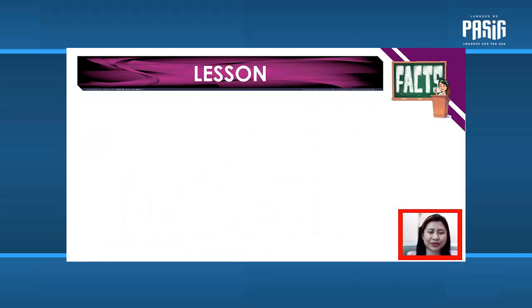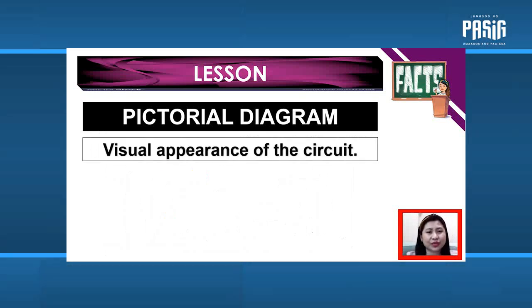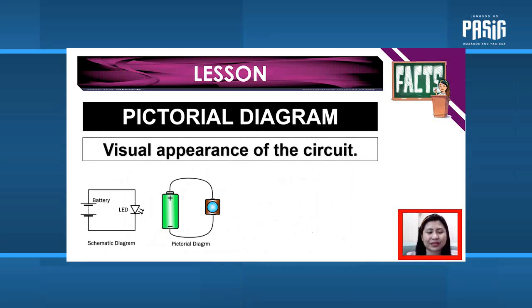Then we have the third one, pictorial diagram. It is a type of diagram which shows the visual appearance of the circuit. Here is an example of a pictorial diagram. On the left side is the schematic diagram where the components are represented by schematic symbols.